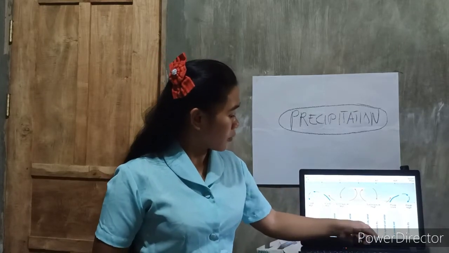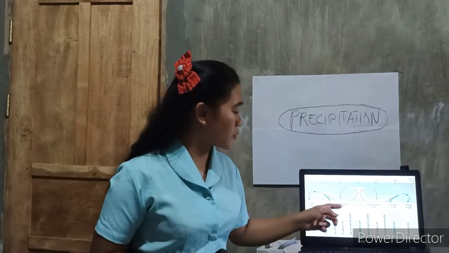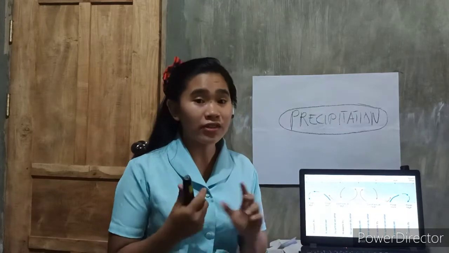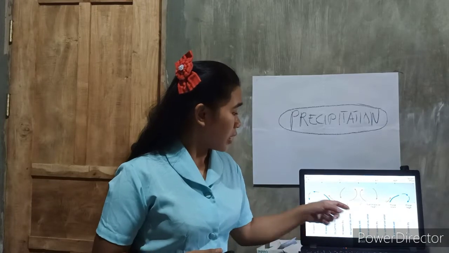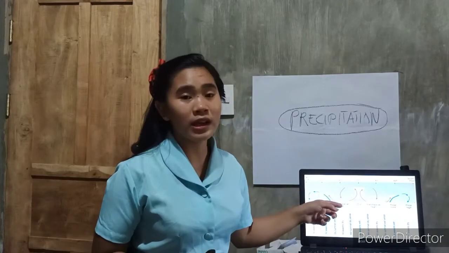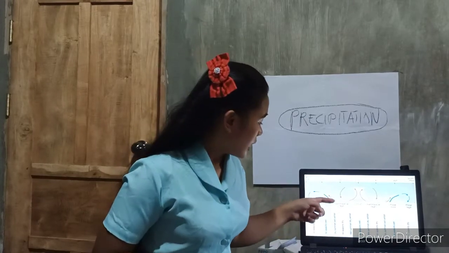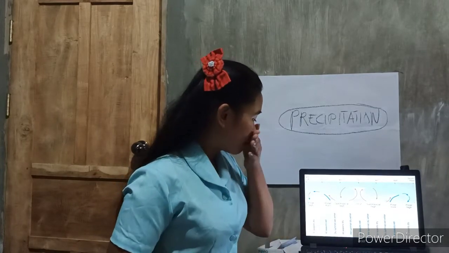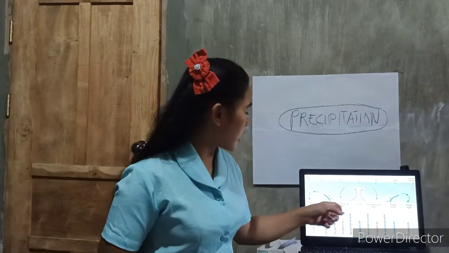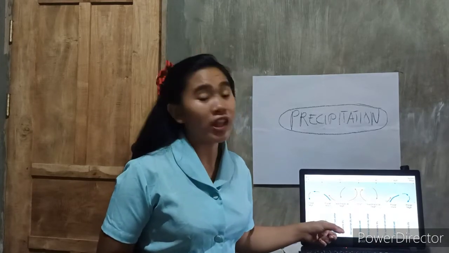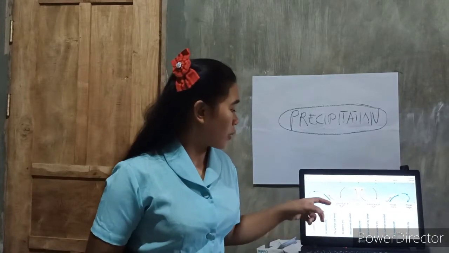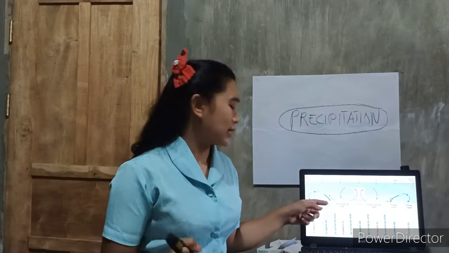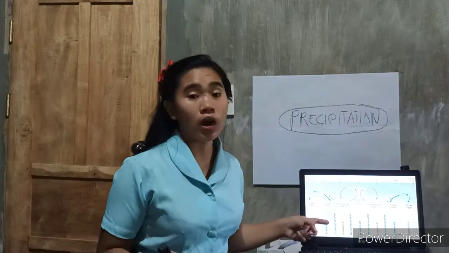Then between the subtropical high and the intertropical convergence zone, we have wet summer and dry winter. Now, in the subtropical high where air sinks, all seasons are dry. Between the subtropical high and polar front, dry summer and wet winter. Now in the polar front, which is low pressure and air rises, all seasons are wet.